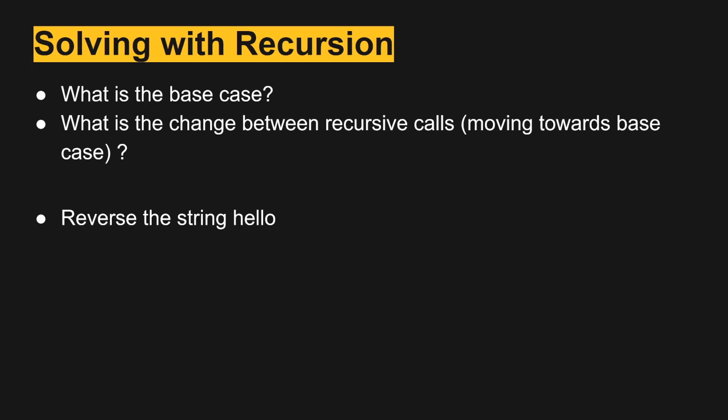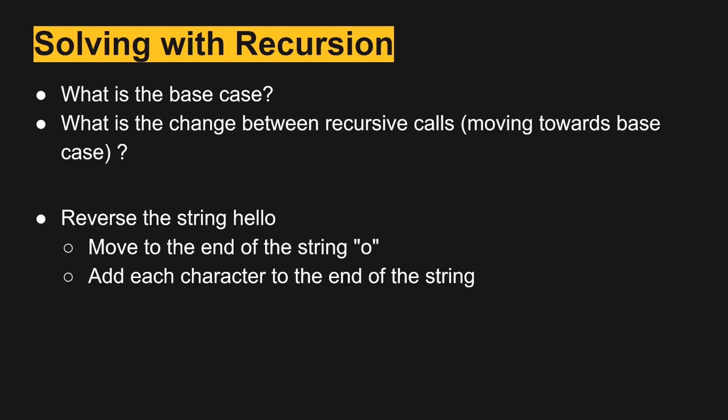Let's work through an example where we have a recursive function that's going to reverse a string. And our example is going to be reversing the string hello. So the base case would be the last letter of the string, the O. And then each character will be added to the end of the string as we're coming back out.